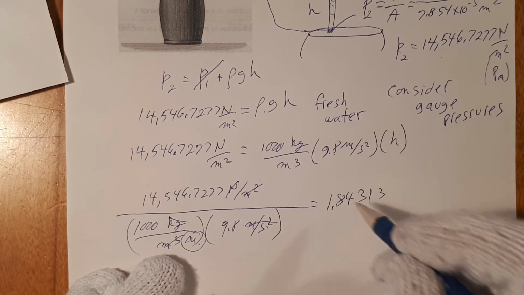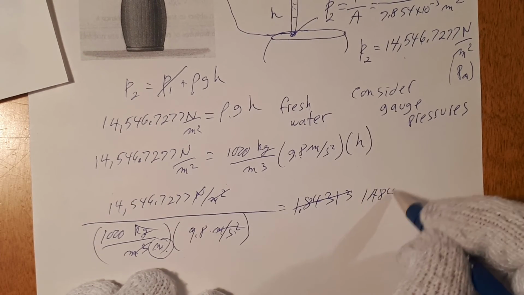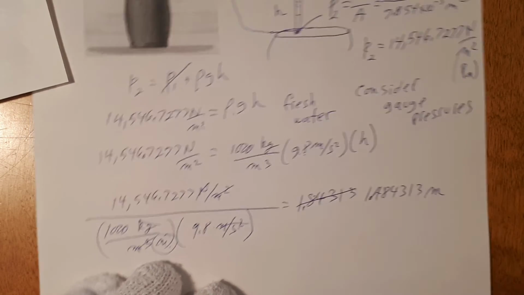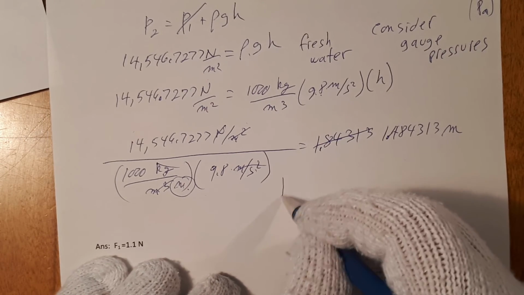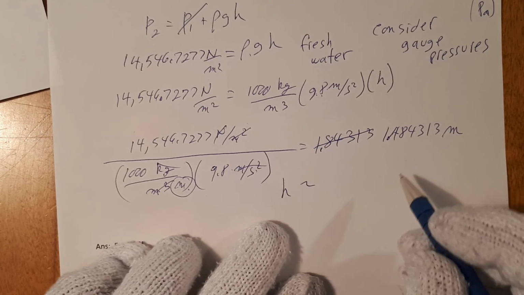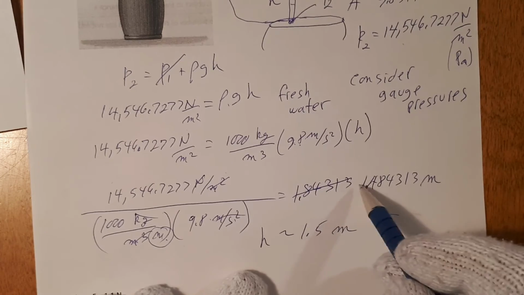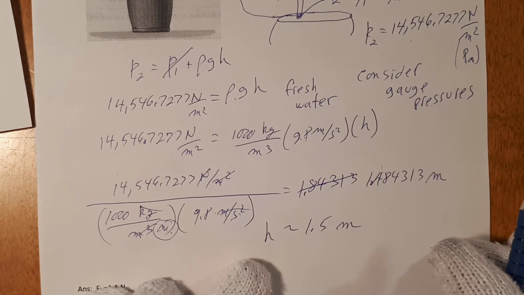How may we write that again? 1.484313, and the unit is a meter. h then is approximately equal to 1.5 meters. We go to 2 sig figs, bring this one up, approximately 1.5 meters.